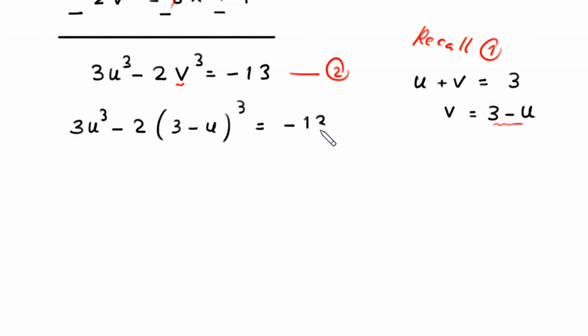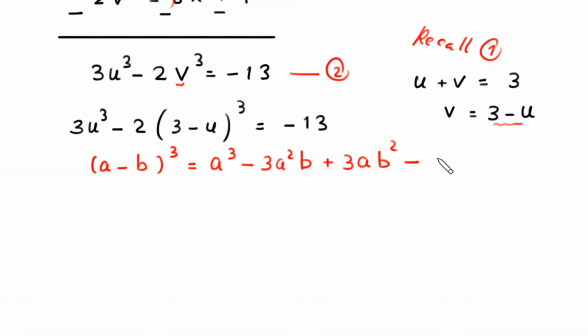negative 13. Now by using this algebraic identity, a minus b whole cubed equal to a cubed minus 3a squared b plus 3a times b squared minus b cubed.